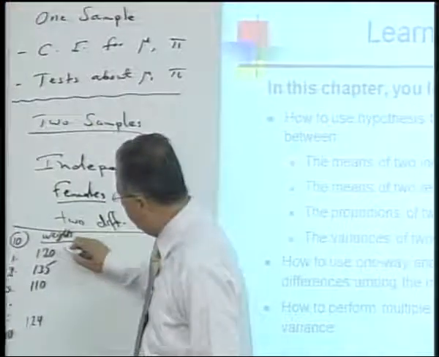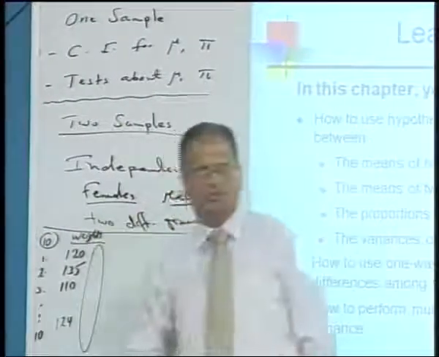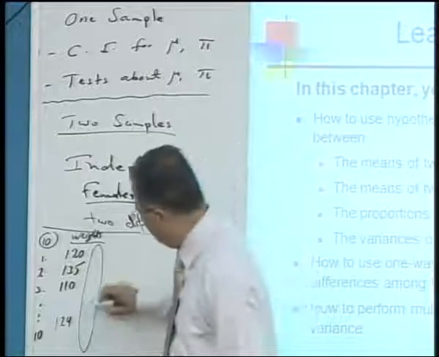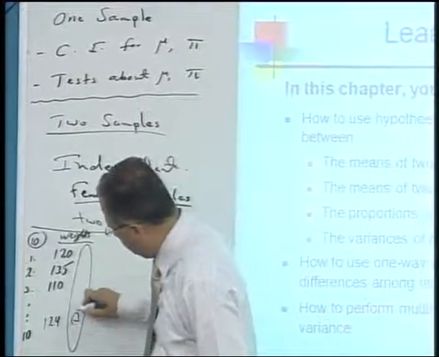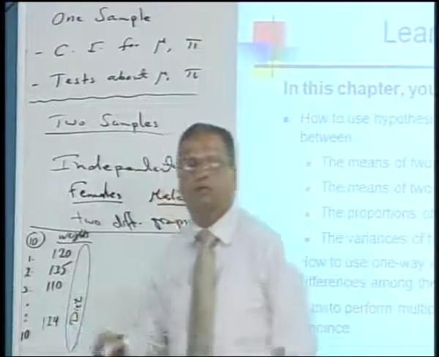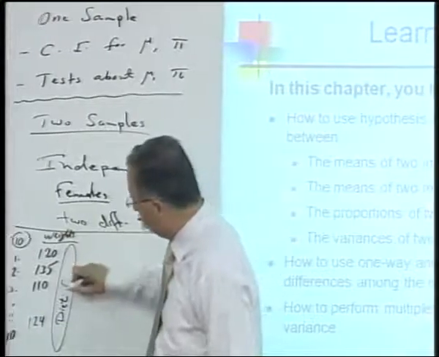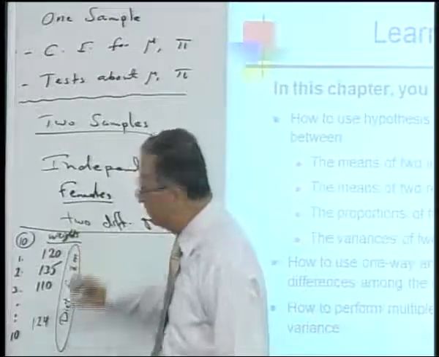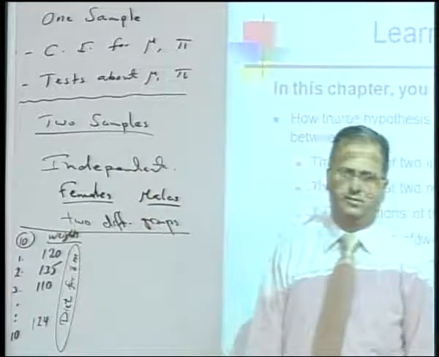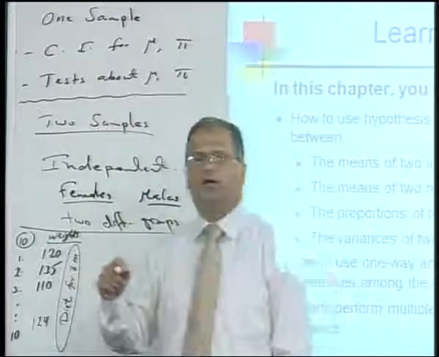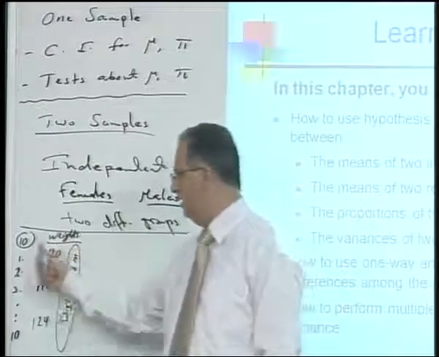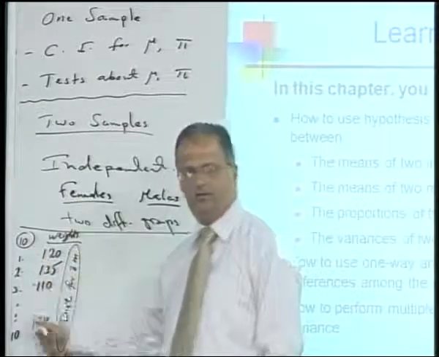Now suppose these people, or these students, or whatever they are, have a diet for a period of time. For example, suppose they have a diet for 3 months. Currently their weights are 120, 135 and so on.